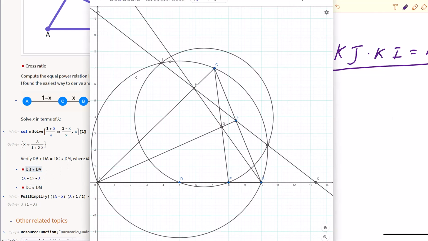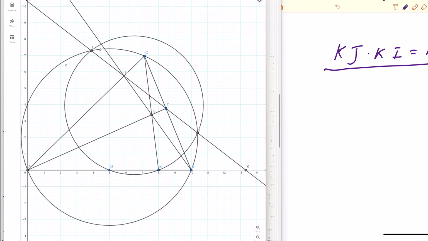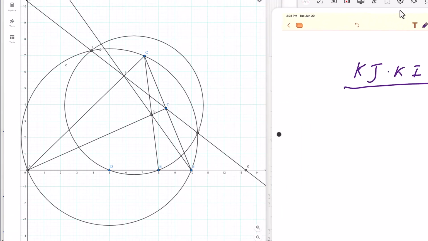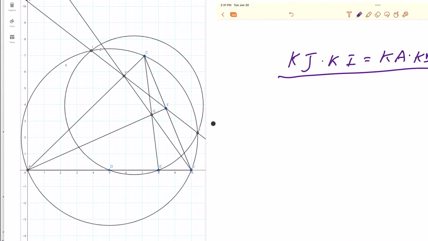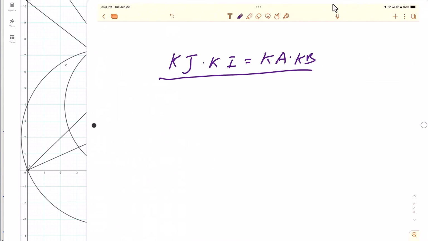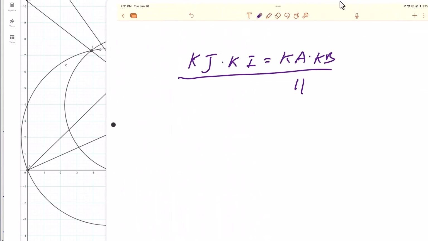So if we switch the point labeling in our case, it is exactly KB times KA equal to KE times KD. Which means KJ times KI equal to KE times KD.